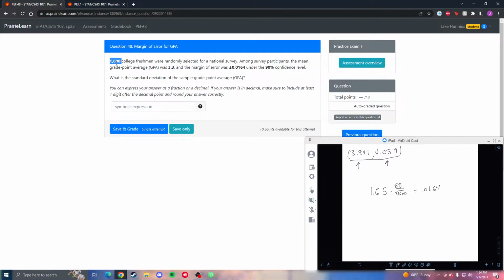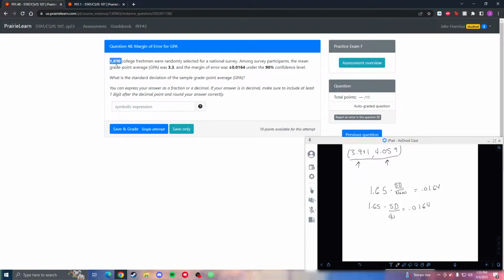All right, so let's go ahead and simplify this. We get 1.65 times our standard deviation, over the square root of 1600, which is just 40, sorry, over 40, is equal to 0.0164.